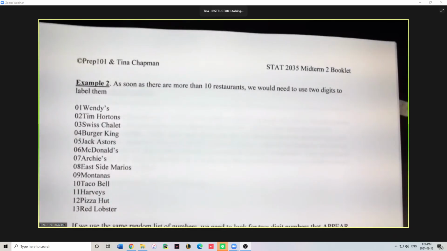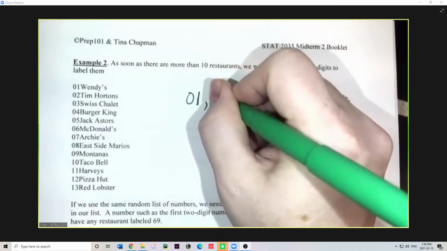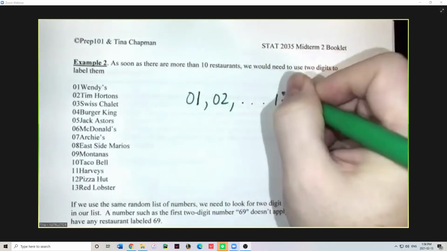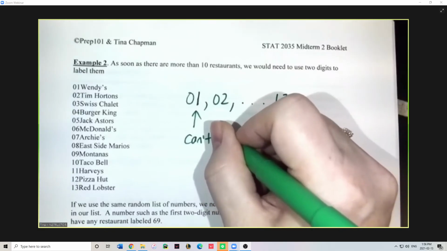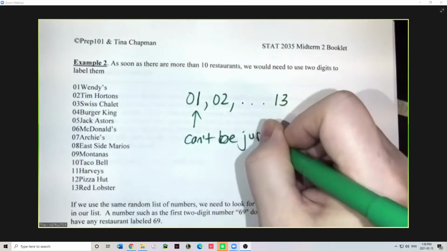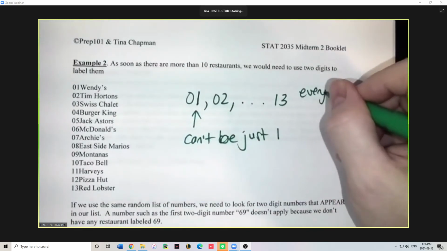Okay, so as soon as there's more than 10, then we need to use 2 digits to label them. So everybody's 01 up to 13. So this can't just be the number 1 anymore. Everyone has to be the same number of digits.